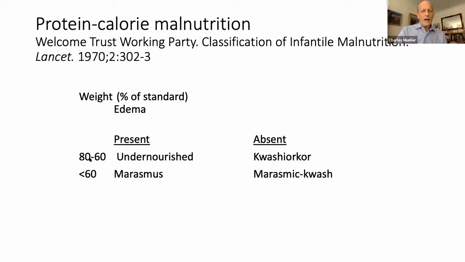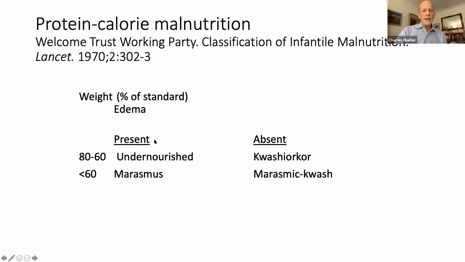Now, right away, I noticed this morning when I was reformatting this slide a week ago, these two words should be switched around. Absent should be over here and present should be over here, okay? This is from 1970 in The Lancet, noting the difference and degree of difference between Kwashiorkor and marasmus, how undernourished, very undernourished, and by presence of edema, okay?